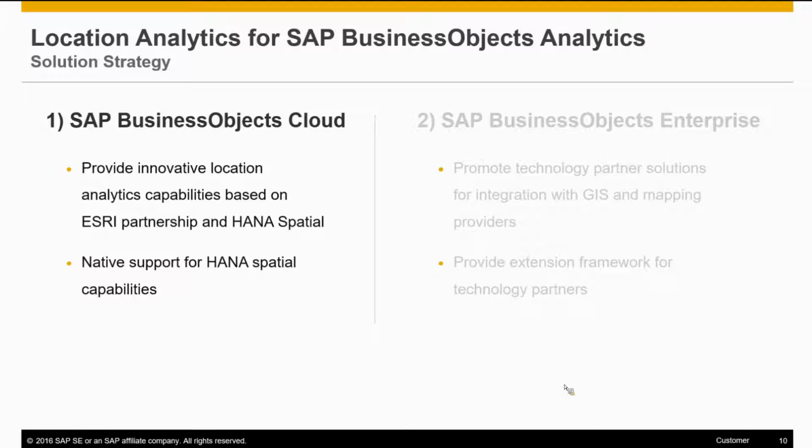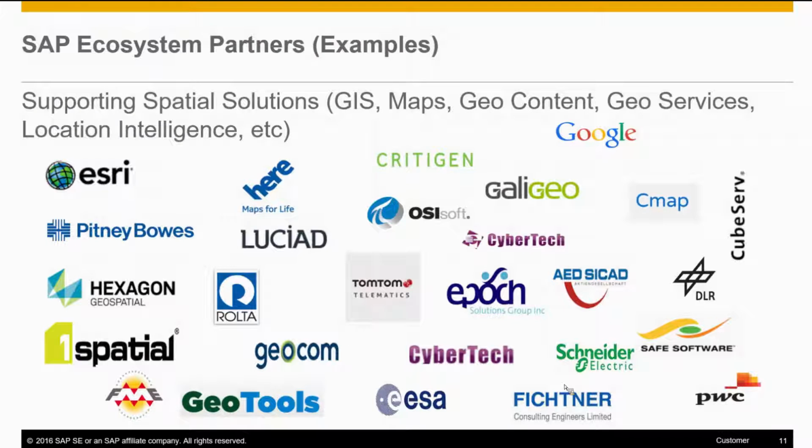And on the note of partners, SAP does have a very broad partner ecosystem around the geospatial space. We are working with Esri, as I've already mentioned, and a number of others within the analytics organization to ensure that we have the best geoinformation and the best analytical geospatial capabilities available to us within our Business Objects Cloud solution.